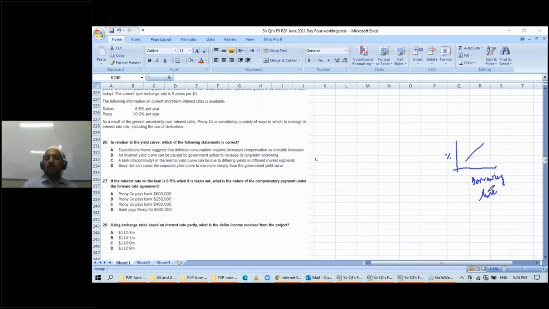So the yield curve shows you, suppose you are borrowing for 2 years, this is the interest rate, right? If you are borrowing for 4 years, the interest rate jumps up to this much. Then if you borrow much longer, the interest rate keeps rising. So it shows you the longer you borrow, the higher the interest rate will be. This is the shape of the normal yield curve. Is it okay?